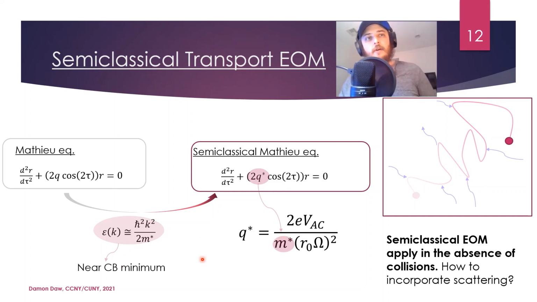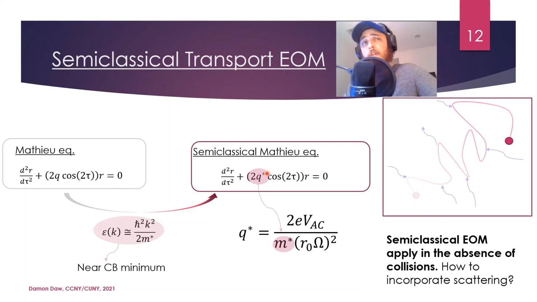And it turns out that a lot of the quantum mechanics that are unique to carrier dynamics in crystals can be neatly packed into this term. So we can go from the classical Mathieu equation that describes an electron in vacuum to the semi-classical Mathieu equation that describes the evolution of an electron wave packet in some semiconductor. And we don't have to pay too much for it. We just pick up this effective mass term.